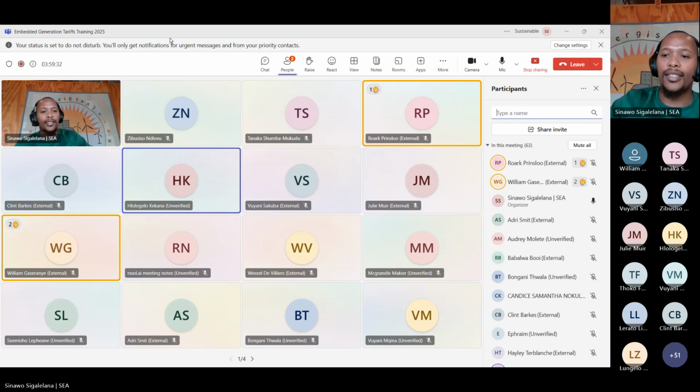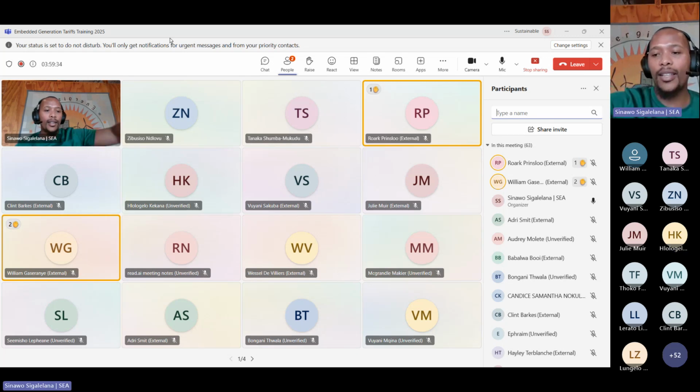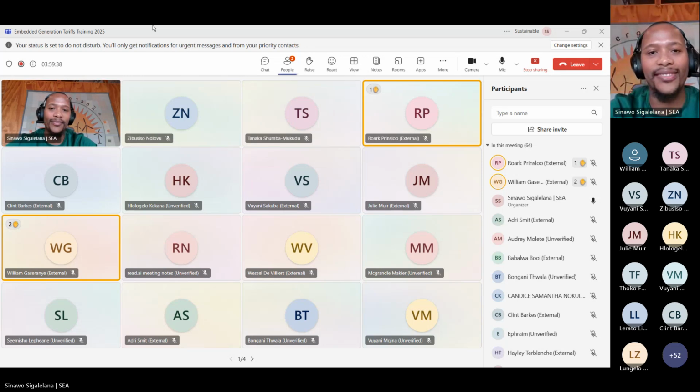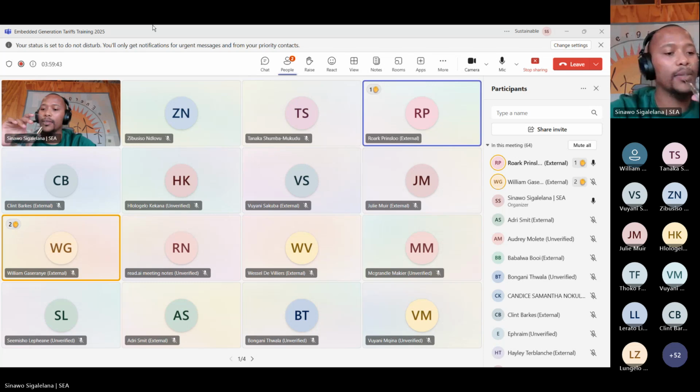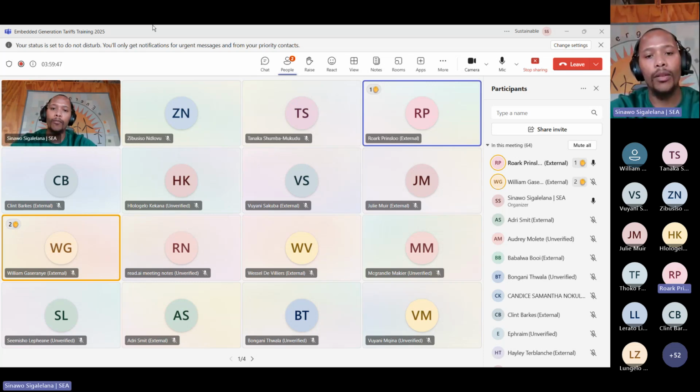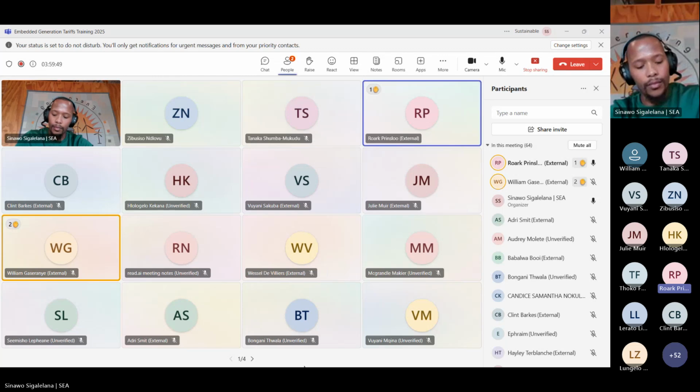Thank you. Excellent. Roak, input from you, sir. Thanks, Anna, for that. Maybe just some clarity also. There's normally a winter tariff and a summer tariff that's included on NMBM.